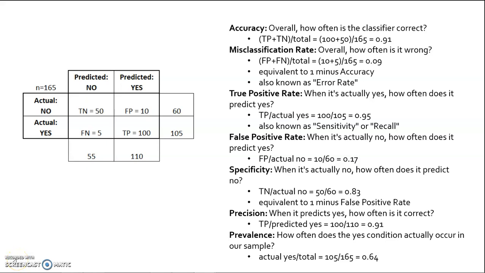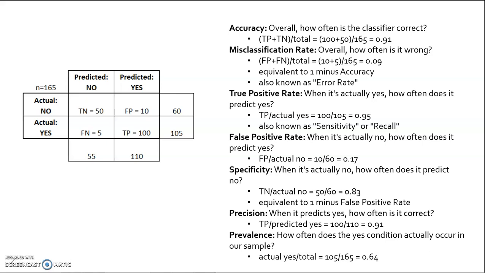Next is false positive rate. What is this? It is trying to see, from all of the actual negatives, how many is it that we keep on predicting to be positive, which is actually incorrect.